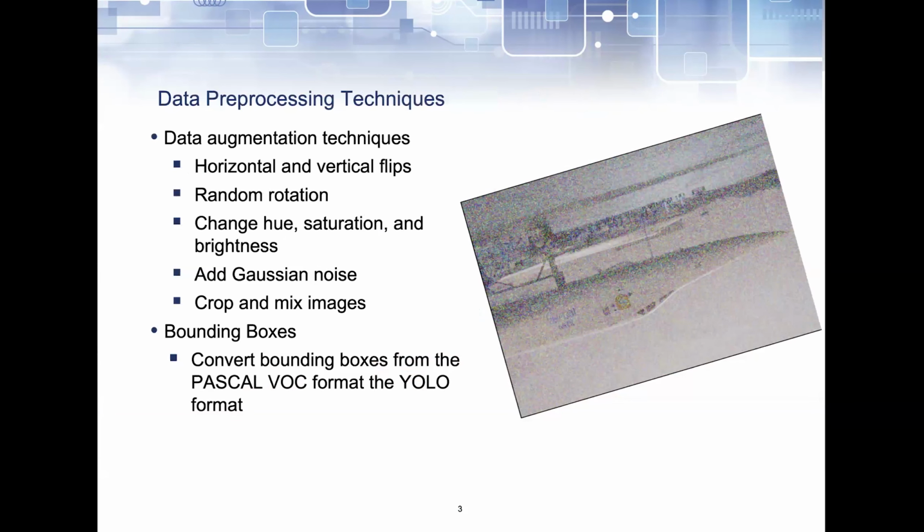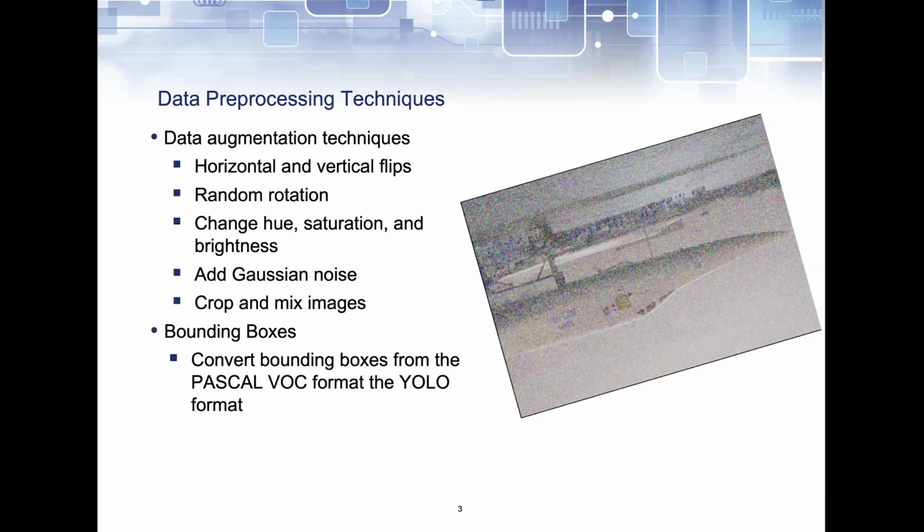So for the data pre-processing techniques, one way we could squeeze more value out of our data is to apply some augmentation. This is a very common strategy in computer vision. This helps in a lot of ways, and it can make our models more robust, for example, to different lighting conditions, to different orientations. You're just giving your models more examples of your data.